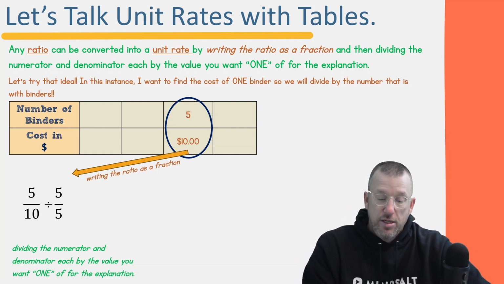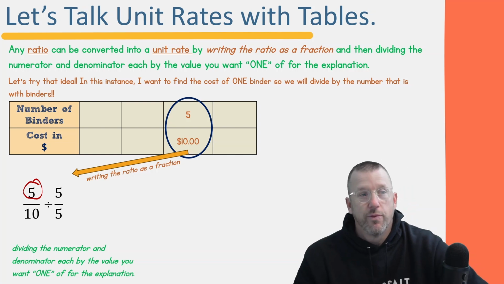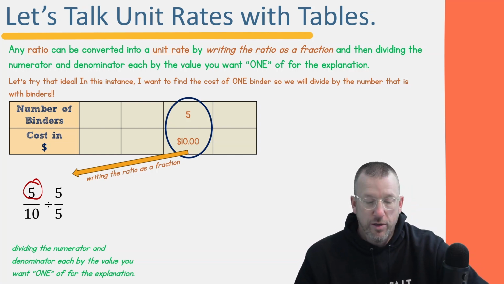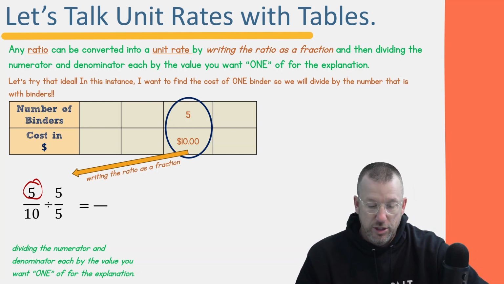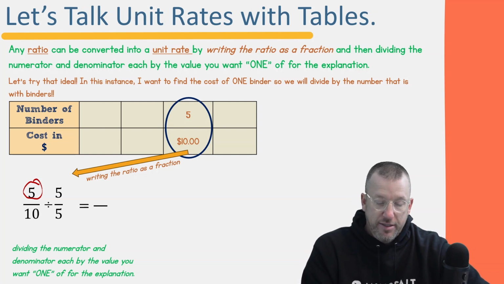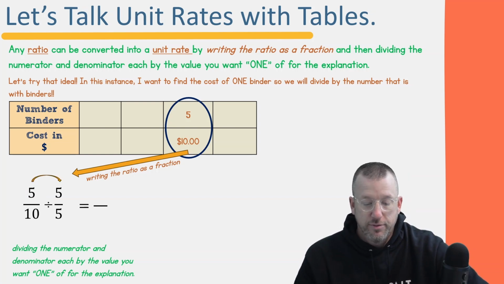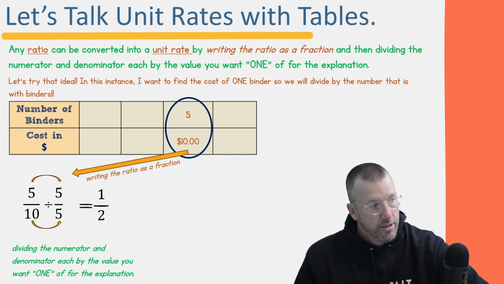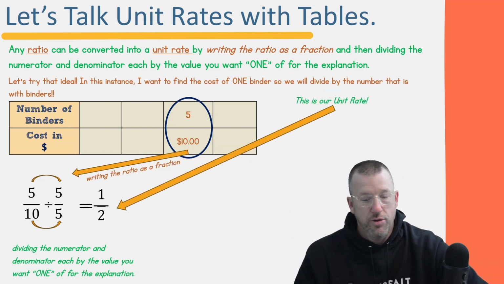So in this instance, we're going to divide by whatever number we want to turn into 1. We want to turn 5 binders into 1 binder, so we divide the top and bottom by 5, because that's the only way we find an equivalent. We divided the top by 5, and we got 1. And we divide the bottom by 5, and we get 2. And that is our unit rate.